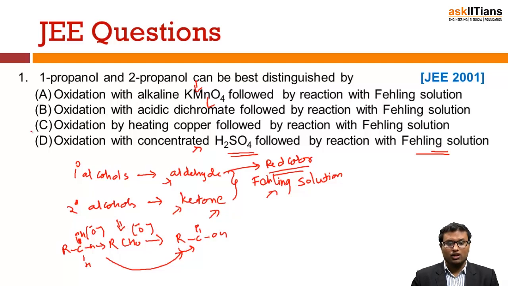But whenever you oxidize by heating copper, the reaction ends at the formation of aldehyde or ketone only, and there is no formation of acid. Since you want aldehyde and ketone in the product, you have to go for oxidation by heating copper followed by Fehling's solution. Your aldehyde gives a red color with Fehling's solution. So the answer is C.